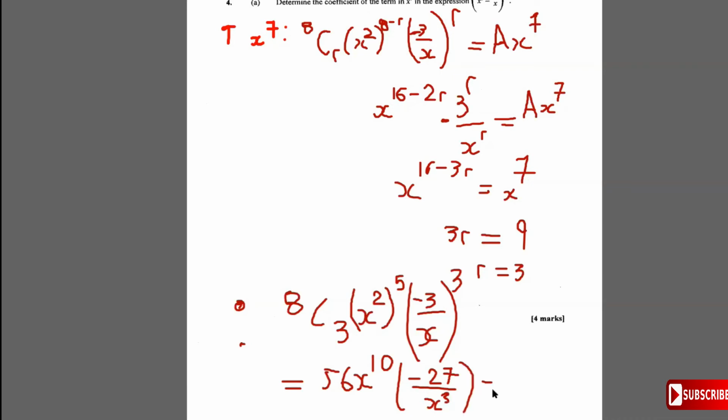So what I'm getting is this is equal to 56 times minus 27, minus 1,512 x to the 7th. And so the coefficient is minus 1,512.